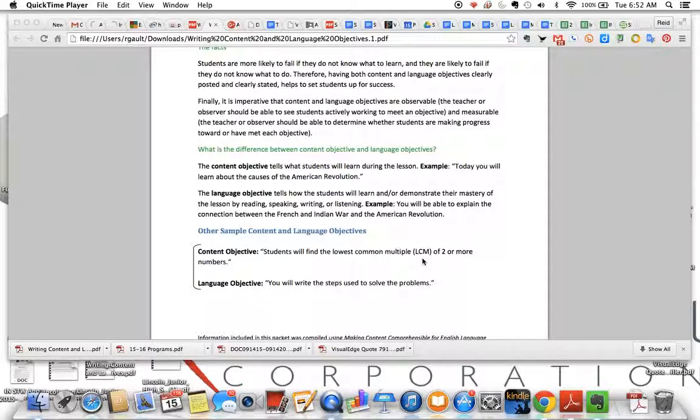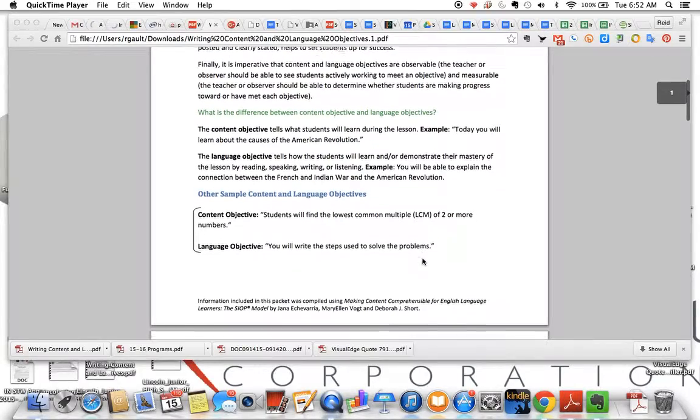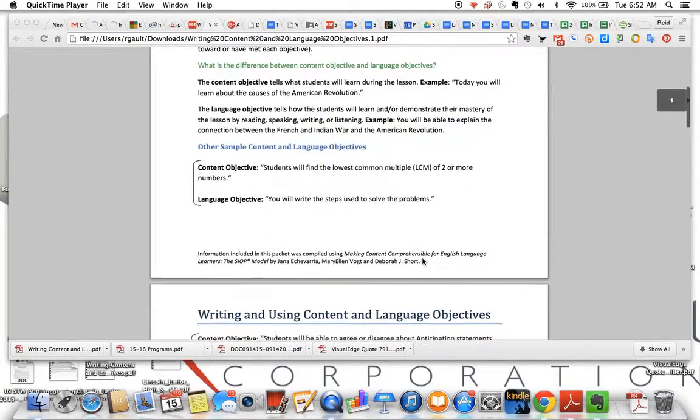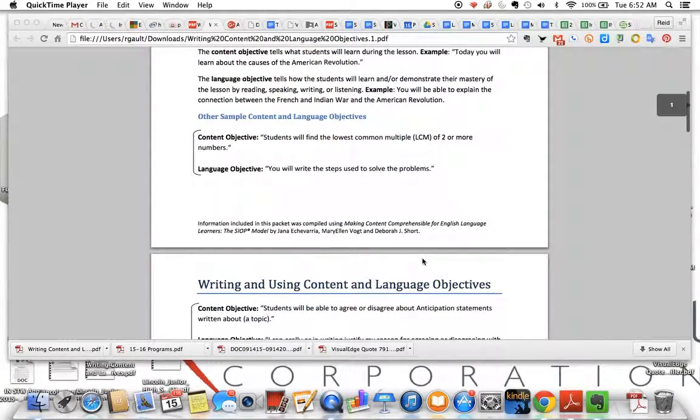For the last several years we've talked about an abundant amount of reading, writing, and discussing. We add listening to that, but those language objectives are really about how the students will learn and demonstrate mastery.